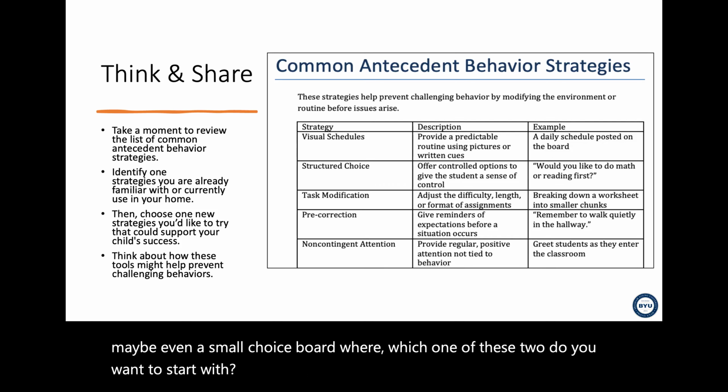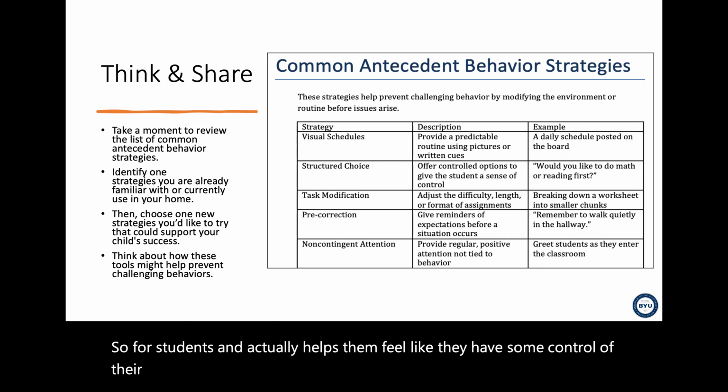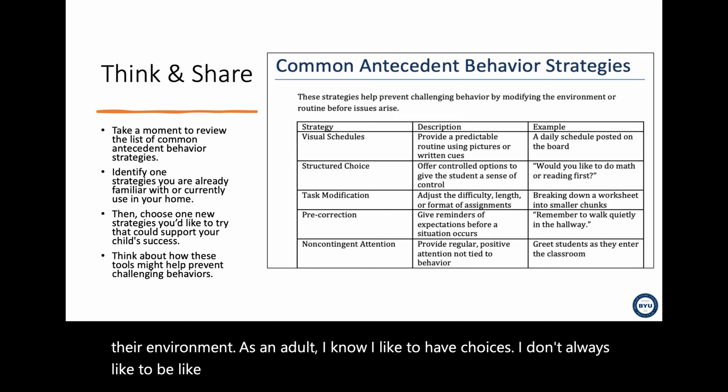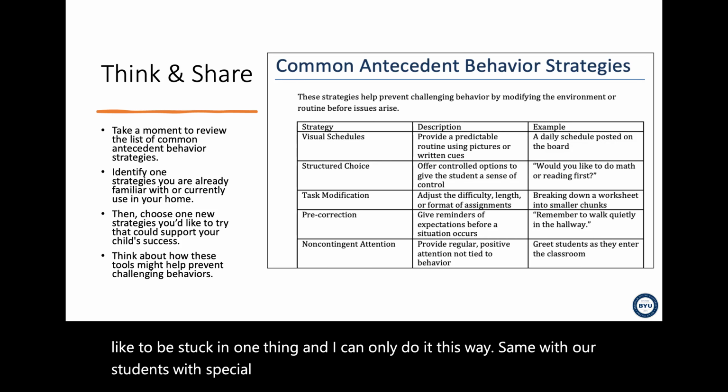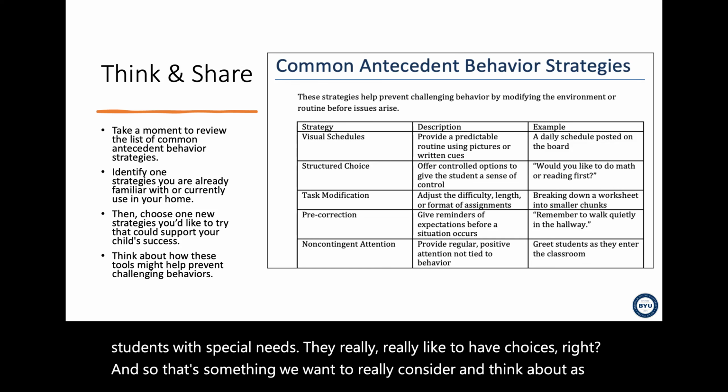That is really beneficial for students and actually helps them feel like they have some control of their environment. As an adult, I know I like to have choices. I don't always like to be stuck in one thing and only do it this way. Same with our students with special needs. They really, really like to have choices, right? And that's something we want to really consider as we're working with them.